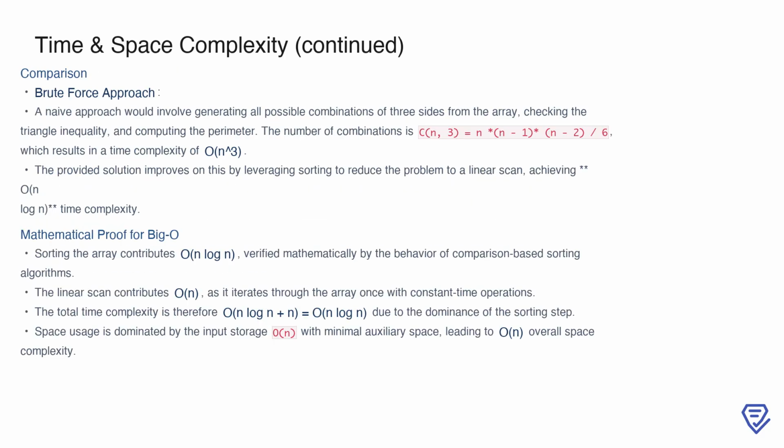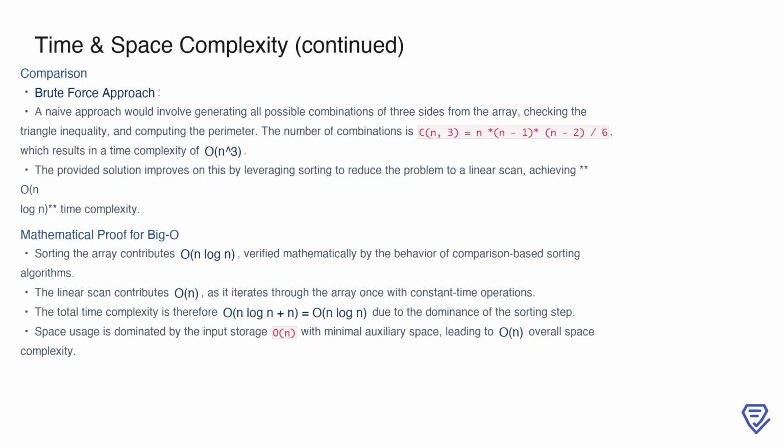Finally, let's compare this solution to a brute force approach and verify its big O complexity mathematically. A naive solution would involve generating all possible combinations of 3 sides from the array, checking the triangle inequality for each, and computing the perimeter. This approach requires evaluating C(n, 3) combinations, which leads to a time complexity of O(n cubed).